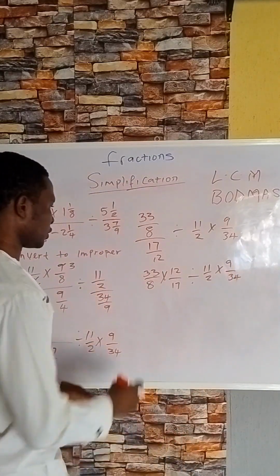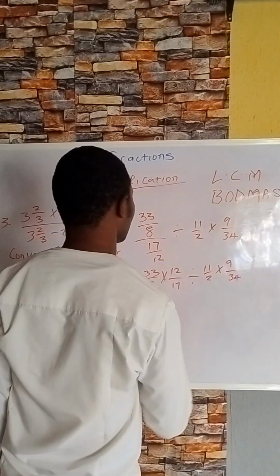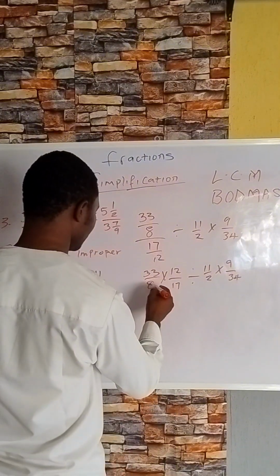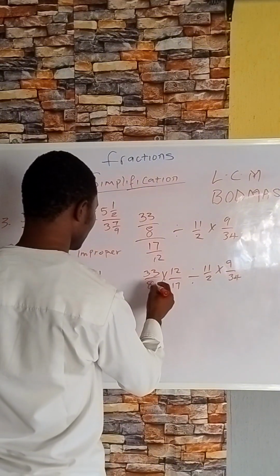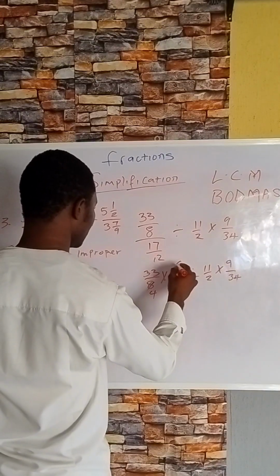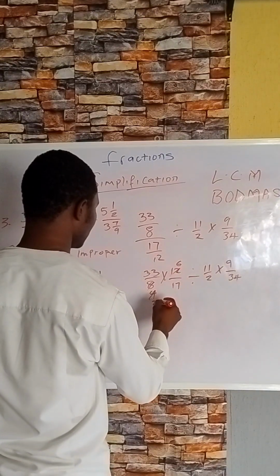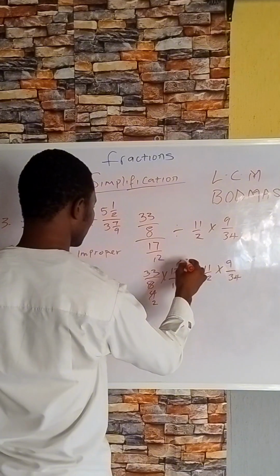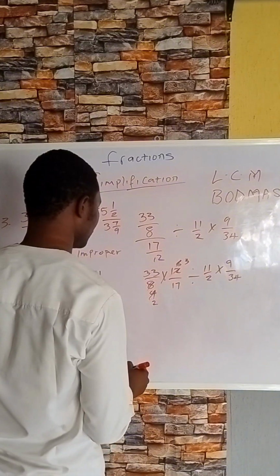So let's check if there is any factor that can divide here. 2 here will give us 4, 2 here will give us 6, 2 here will give us 2, and 2 here will give us 3. And that will be the end of it.